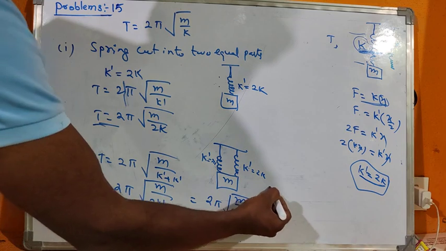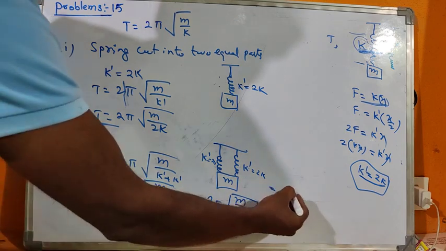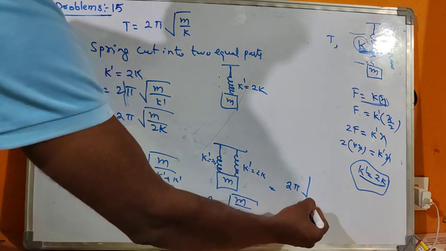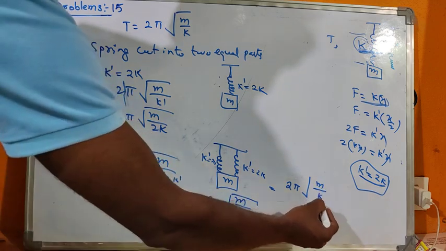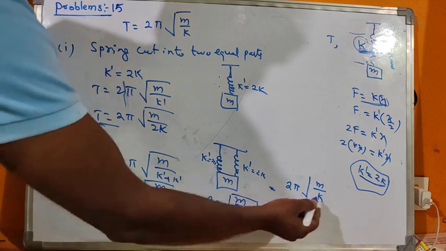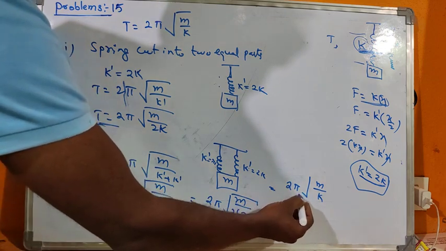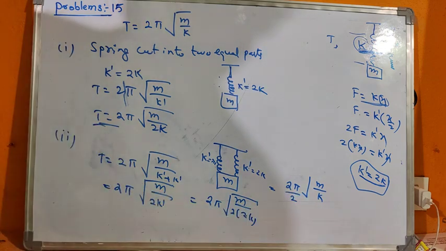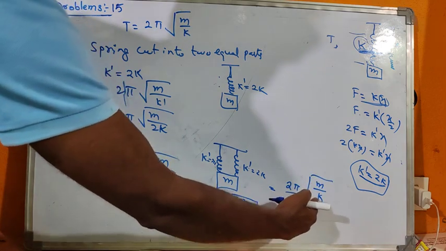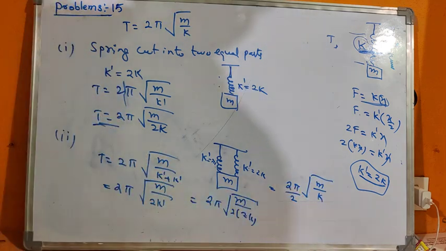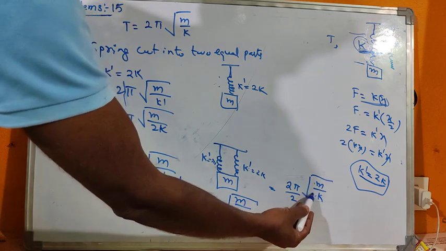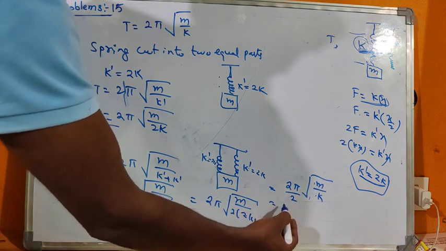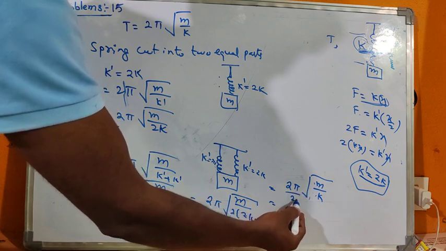Okay, so this is 2 pi under the root of m by k, I am keeping here 2 into 2, 4, and that 4 I am writing by 2 here. So after taking from the root, that is 1 by 4 in the root, and if you are taking outside it is 1 by 2.